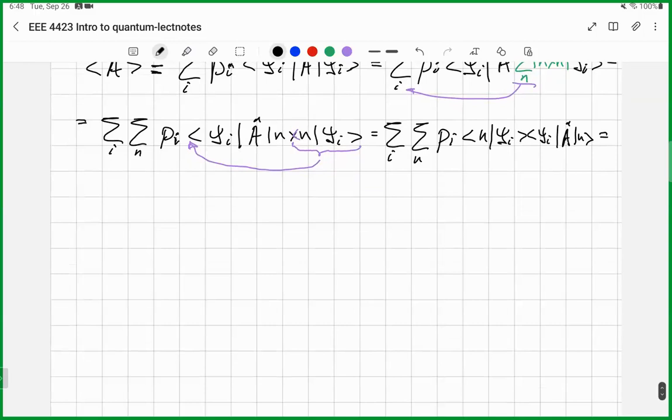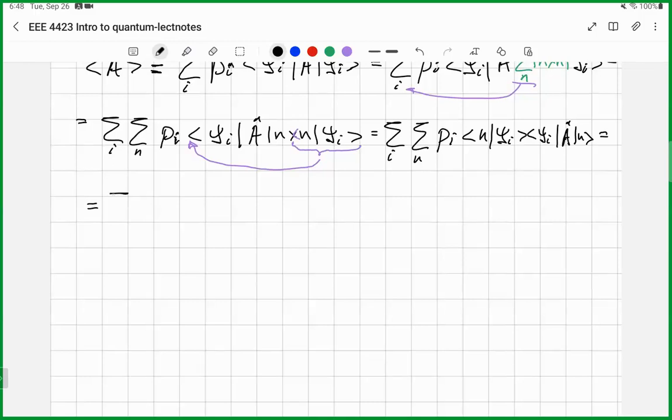Now I can rewrite this in the following way. I keep the summation over n in the first place, and then move the summation over i close to the index i.